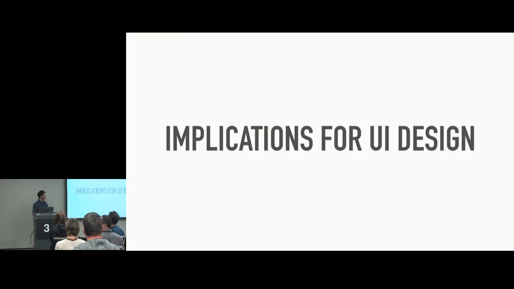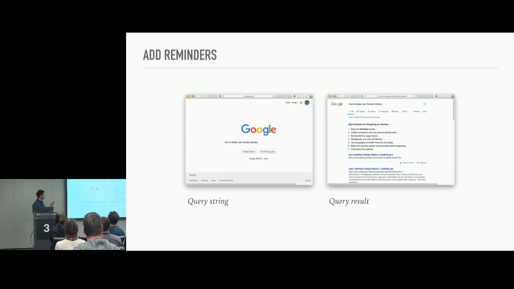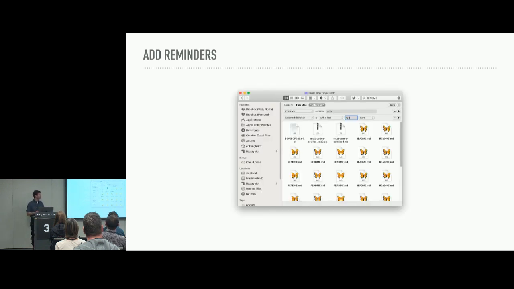So what are the implications for UI design? For instance, if I Google, I write in a query string, and then I look at the query results. As I'm looking down the results, I might forget what it was that I was querying. That's why you can see Google puts the query string there to remind you what your query actually was.